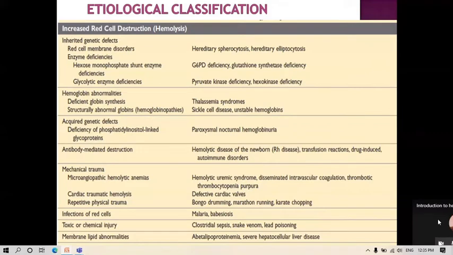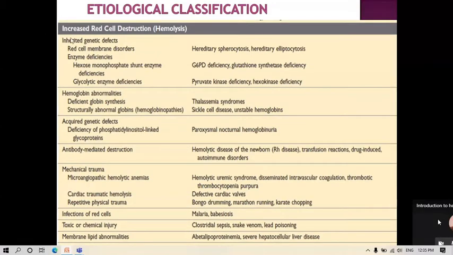And the spleen is known as the graveyard because the sinusoids have these Kupffer cells, and they are very small channels through which RBCs are supposed to pass. These RBCs are very easily moldable. They can mold themselves, and they easily pass through these small channels or sinusoids of the spleen.